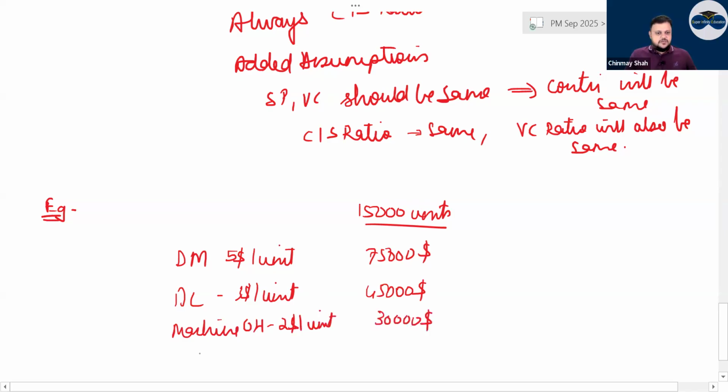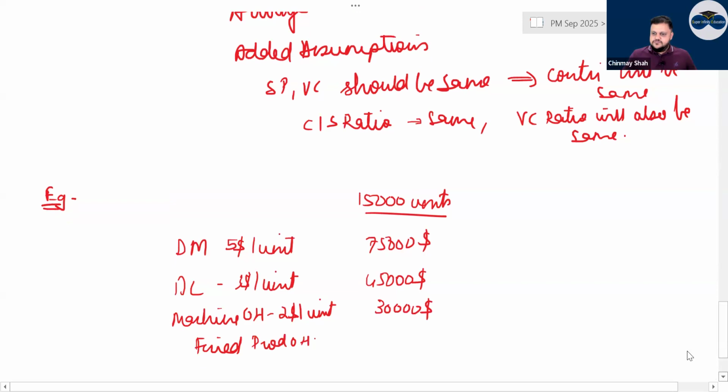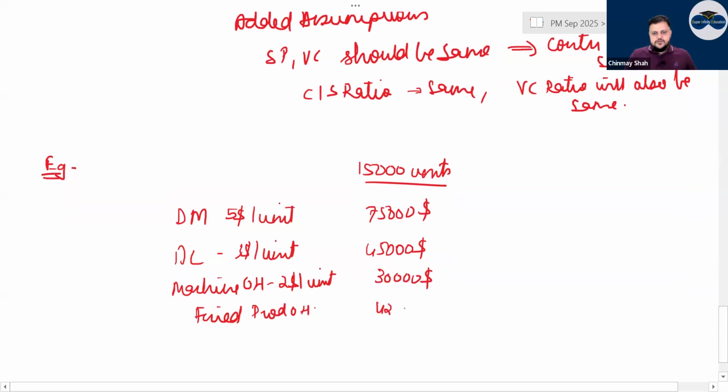Right? You have fixed production overheads $42,000. Correct? You have variable non-production overheads, correct? $4 per unit, $60,000, correct?